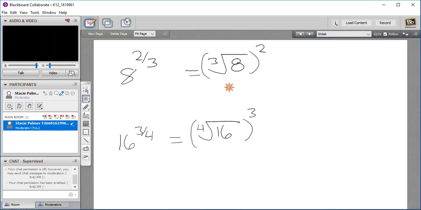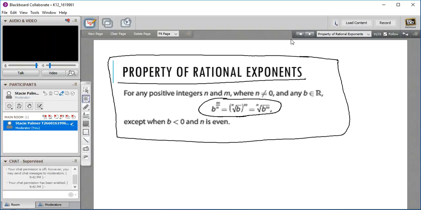Okay, so let's go ahead and look at this one right here. 8 to the 2/3 power. If we want to apply this property, okay, if we want to take it from a rational exponent to a root, we take the bottom number of the fraction, that becomes the root.